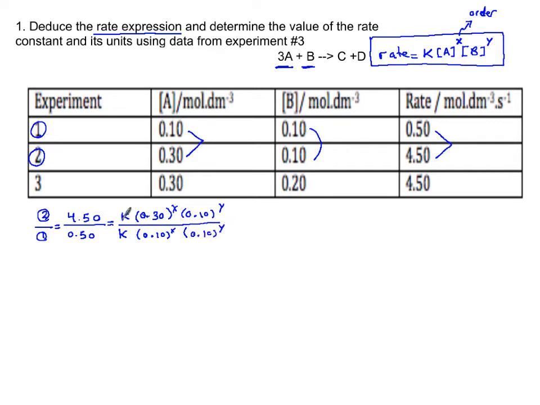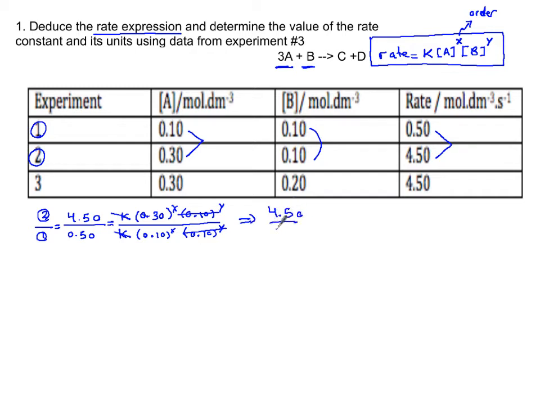Now we have three variables, k, x, and y, but by this division, the k's cancel each other out. And by choosing a constant concentration, I don't need to worry about y, because 0.1 divided by 0.1 is 1. 1 raised to any power is equal to 1. So I can even cancel this out, and I only have one variable to solve for.